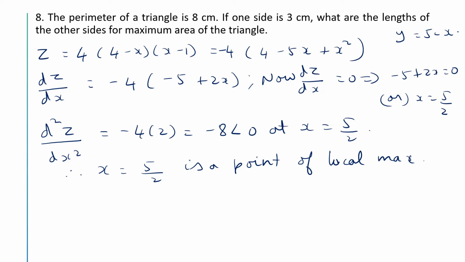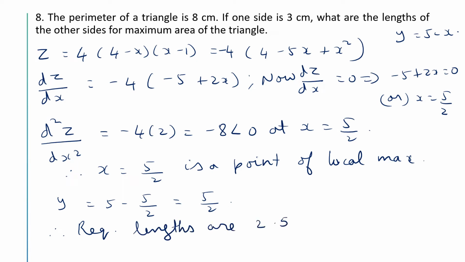So y is equal to 5 minus 5 by 2, which is again equal to 5 by 2. So the required lengths are 2.5 centimeter and 2.5 centimeter. So when the lengths are 2.5 centimeter and 2.5 centimeter, the area of the triangle will be maximum. I hope this is clear.